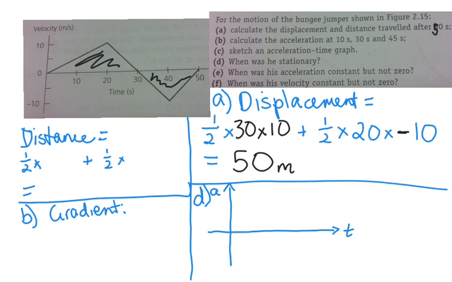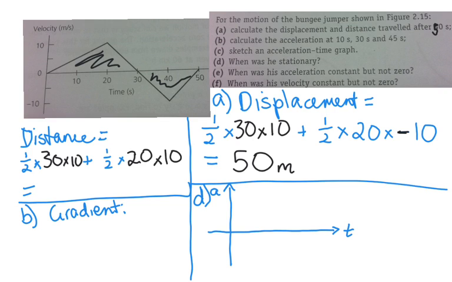Now for the distance, you just ignore the negative sign for the velocity. So you just treat it like speed and time. It's the same thing, so I've got a half times 30 times 10 for the first one, plus a half times 20 times 10 for the second one.